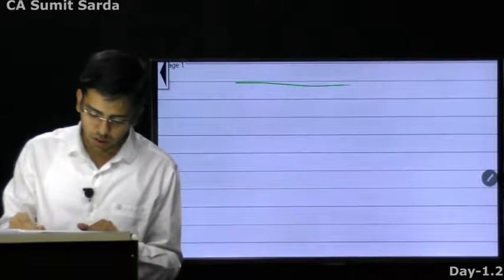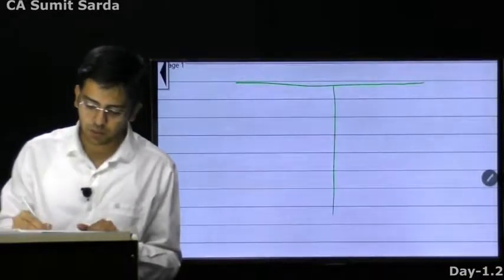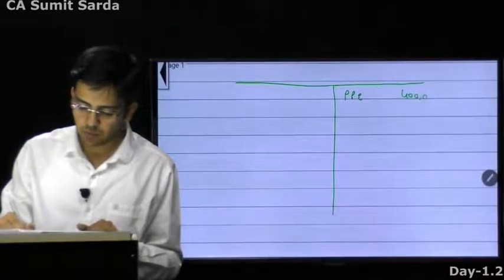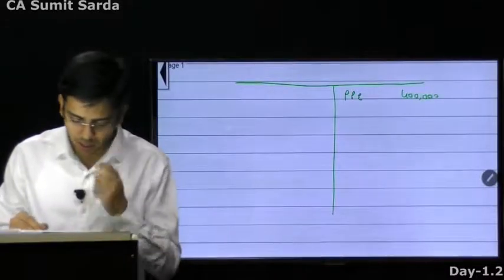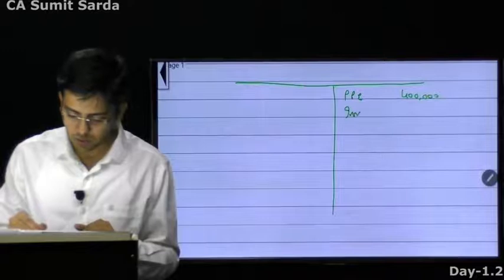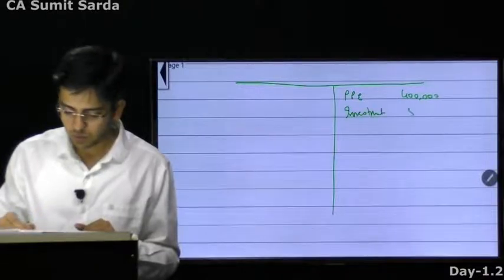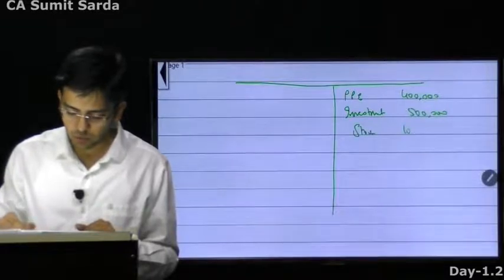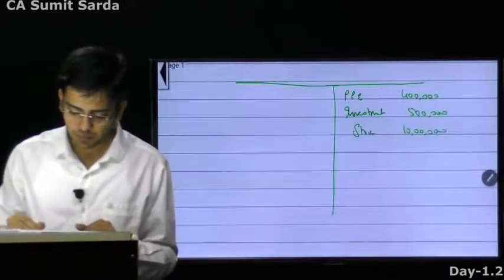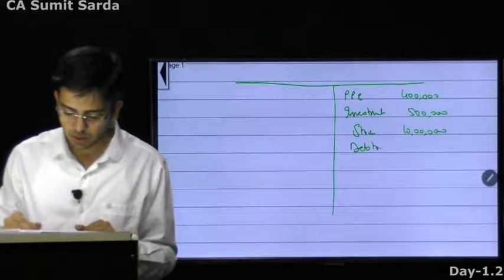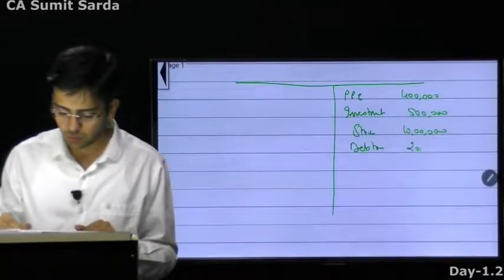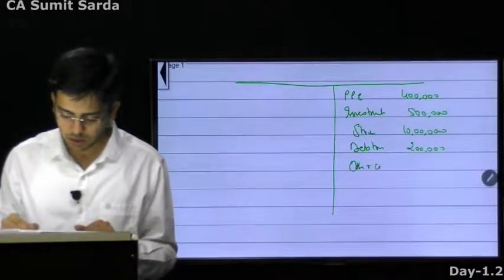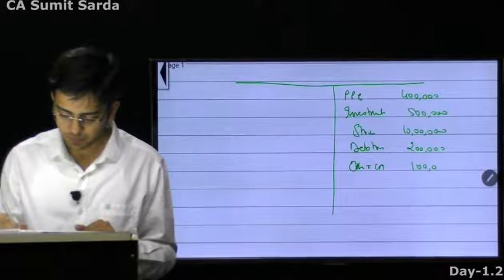See, if I have a balance sheet in front of me which shows that the property, plant and equipment held by us are of 4 lakh rupees, and there are some investments worth 5 lakh, then there is some stock worth 10 lakhs, and then there are some debtors, let's say of 2 lakhs, and other current assets, let's say 1 lakh.